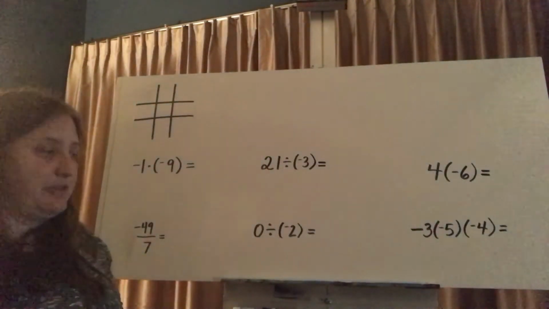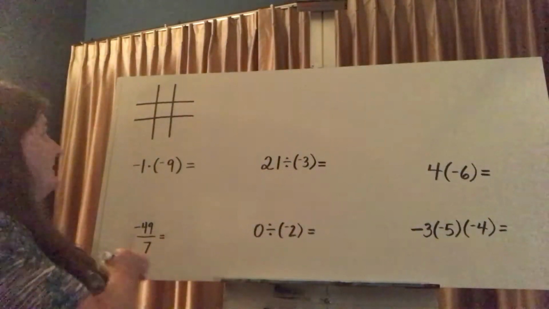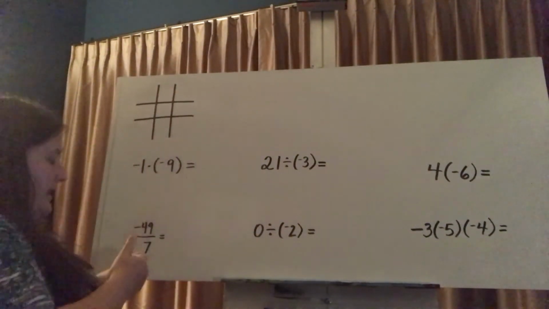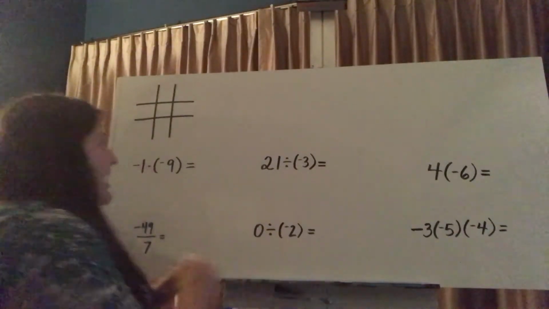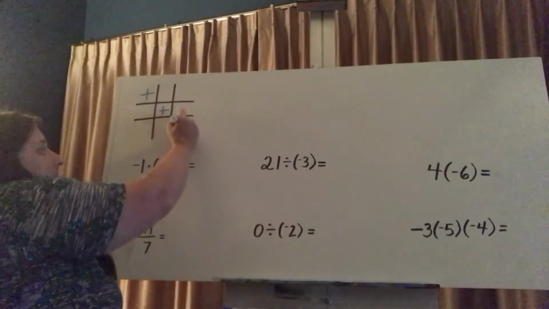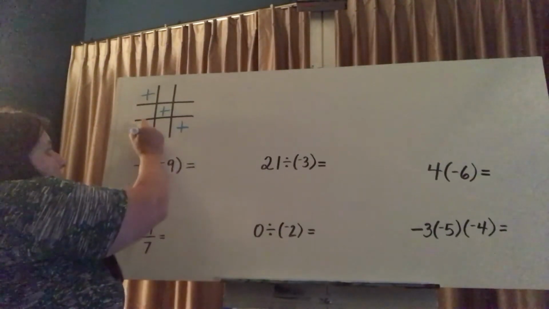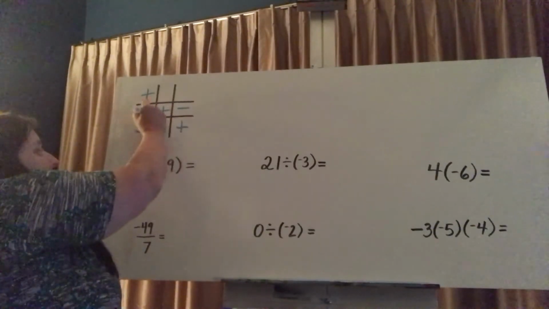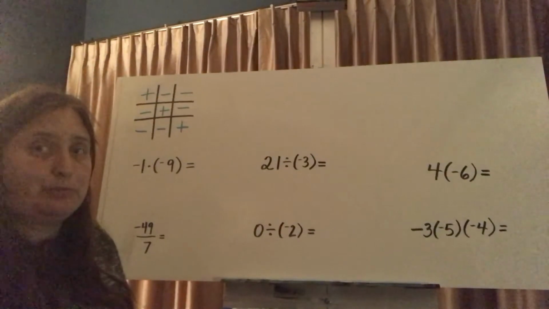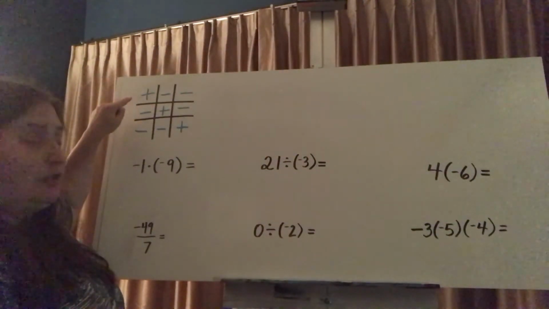One way to remember these rules is to draw yourself a tic-tac-toe board, and down the diagonal, we put positives, and in all of the other spots, we put negative signs. So 3 positives down the diagonal, everywhere else a negative. This little chart is a way to remember these rules, because any way you go, it's a multiplying and dividing integers rule.